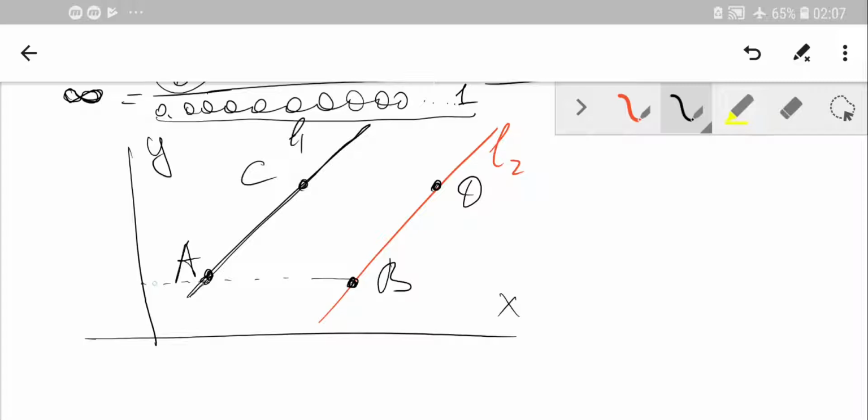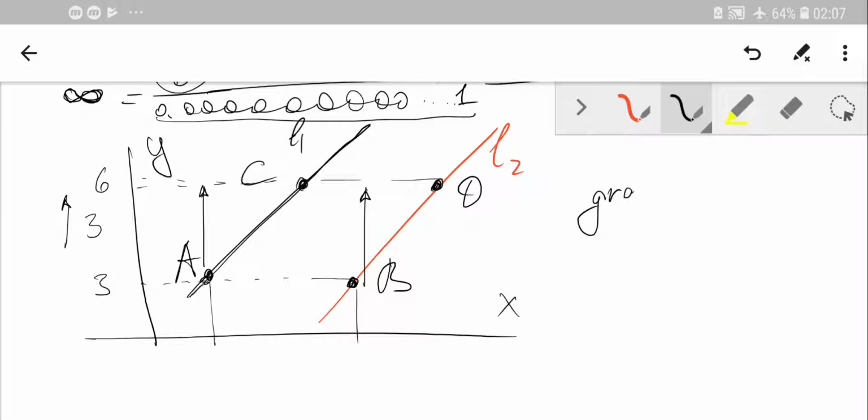For example, A and B have the same coordinates for y, let's say 3, and different coordinates for x. And we have C and D exactly on the same level, with a difference of, let's say, 6. So in both cases we have a rise here and here of 3 units up. That's the change in y.